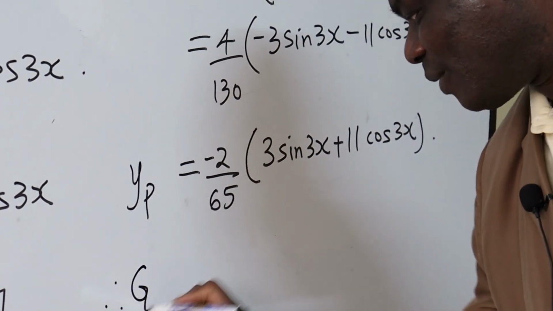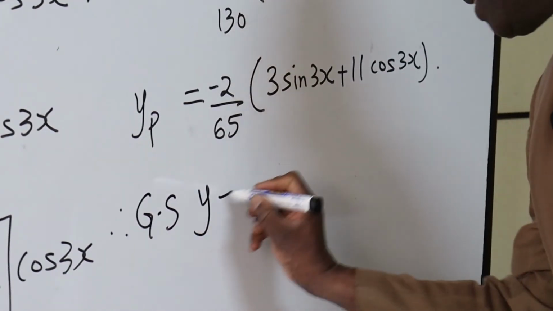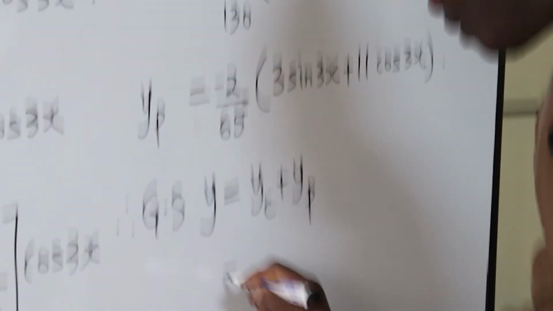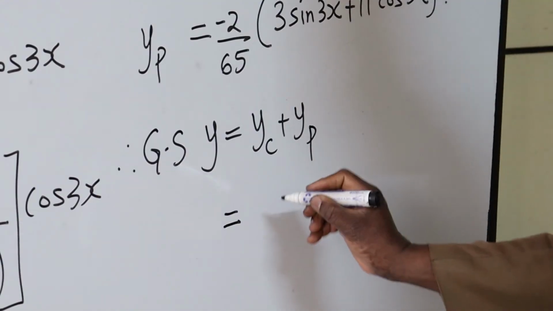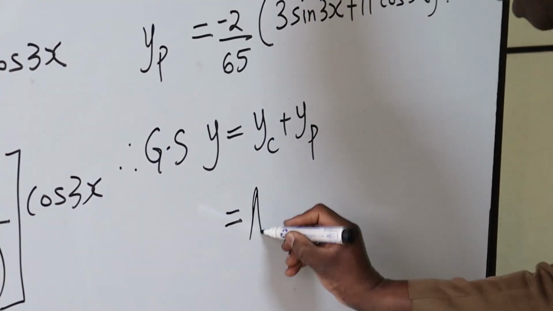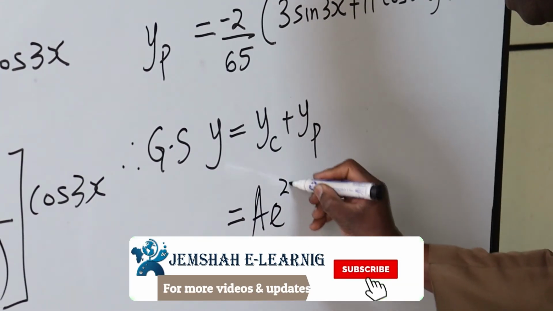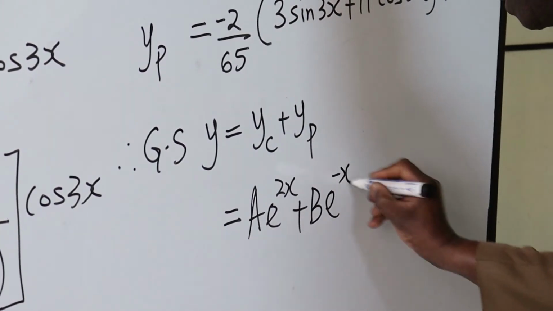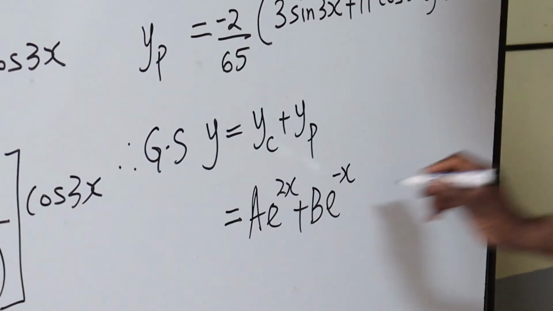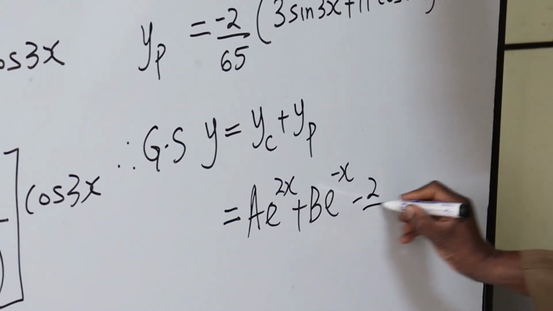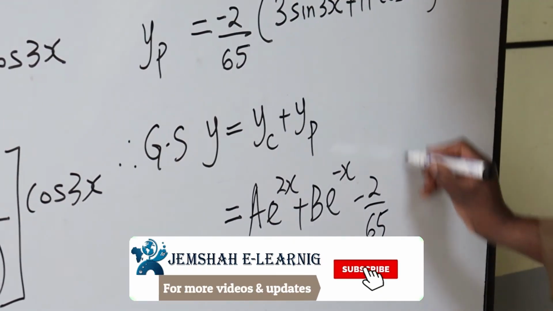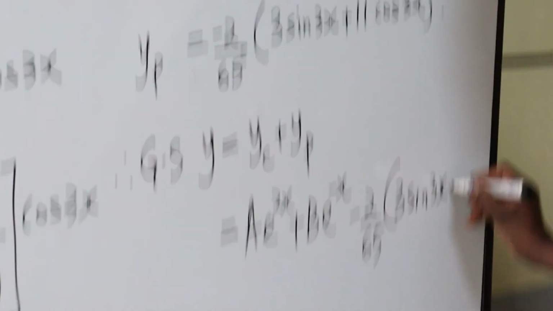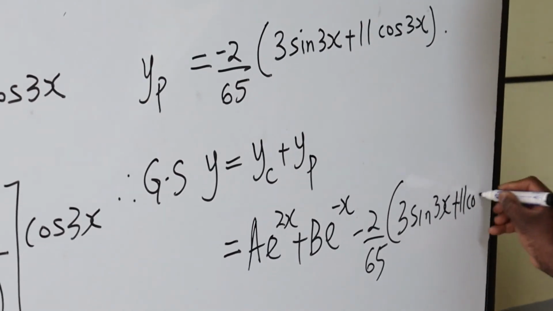Therefore, the general solution, y equals yc plus yp, which will be equal to A e^(2x) plus B e^(-x) minus 2 all over 65 into (3 sin 3x plus 11 cos 3x).